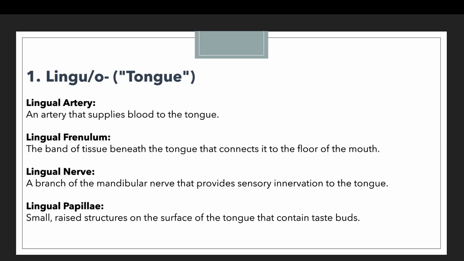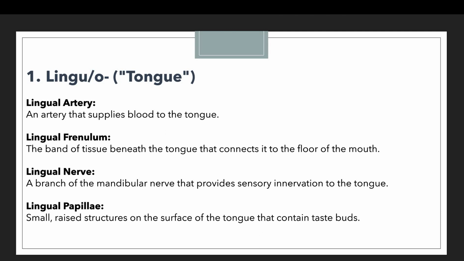Now some of you might have one question: we have already discussed the prefix related to the tongue. Yes, you are correct, we have already discussed it, but as I told you earlier, for a specific word or a specific part, there might be various alternative names, so we should know each of them. In an interview or an exam, any alternative name might be used for a particular part.